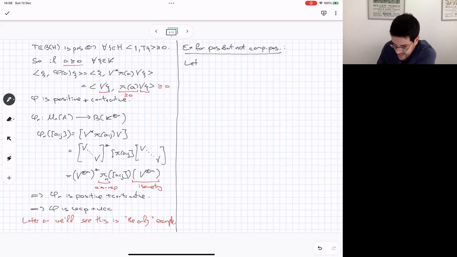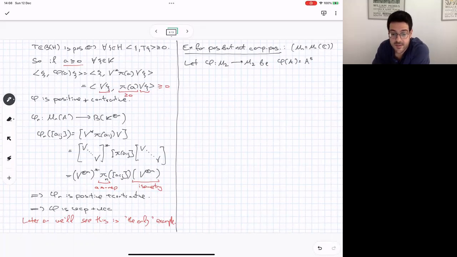So let phi from M2 to M2, where whenever I write Mn, I mean Mn of C, be the transpose map. So phi of A is nothing but A transpose. So clearly it is positive, right?